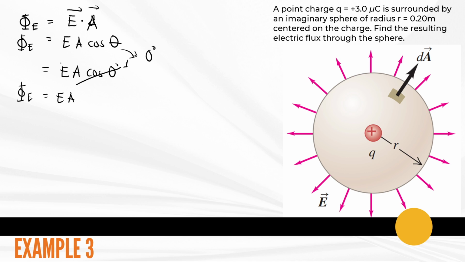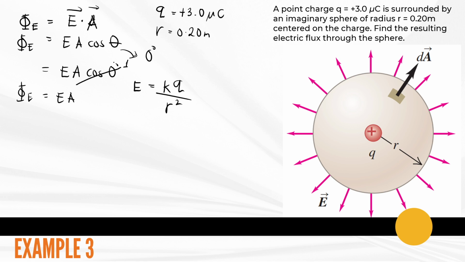Pero papansin mo, wala ka naman given na electric field. Ang given mo is charge, which is positive 3.0 microcoulomb, and may R ka na 0.20 meters. So, remember our electric field, guys. Di ba, ang formula ng electric field natin is K times Q all over R squared.